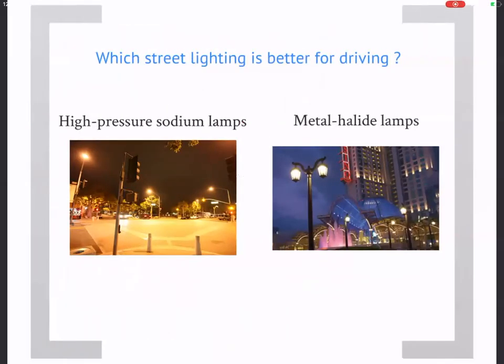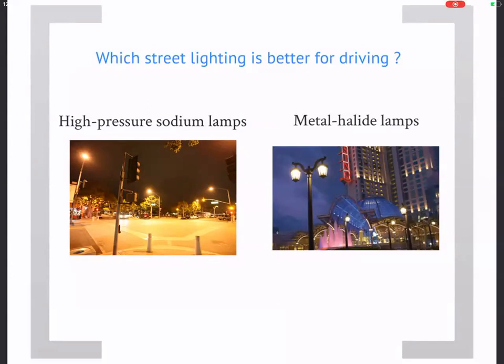So let me ask a quick question based on what we have done so far. Which street lighting is better for driving? High pressure sodium lamps or metal halide lamps, the one on the left or the one on the right. And I don't want you to shout out the answers. I want you to think about this by yourself first.